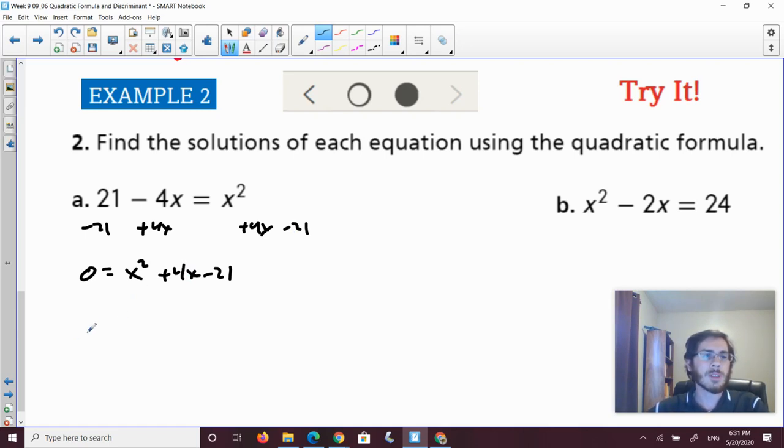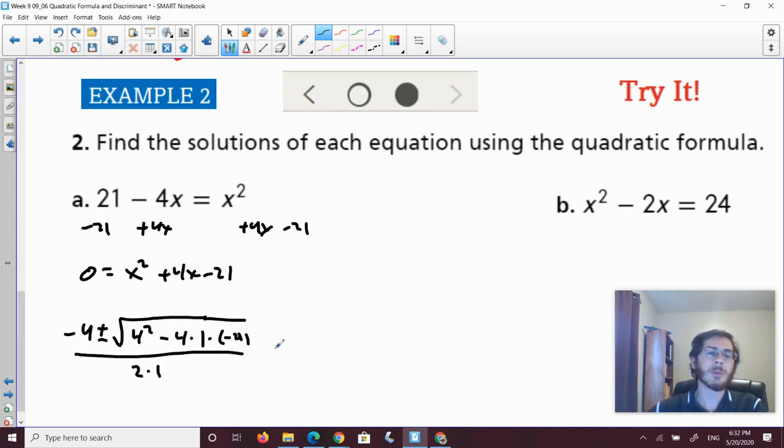All right, so -b plus or minus the square root of b squared minus 4 times a times c. It's a -21 for c, over 2 times 1.